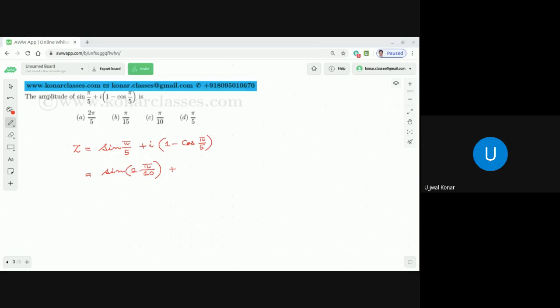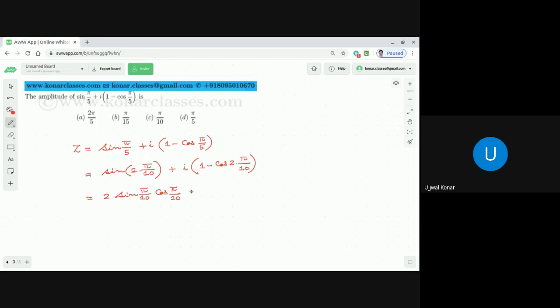Similarly, we can write here 1 minus cos 2 theta, that means 1 minus cos of 2 into pi by 10. I'm taking the assistance of trigonometry to solve it here. So it becomes 2 sine pi by 10 into cos pi by 10.